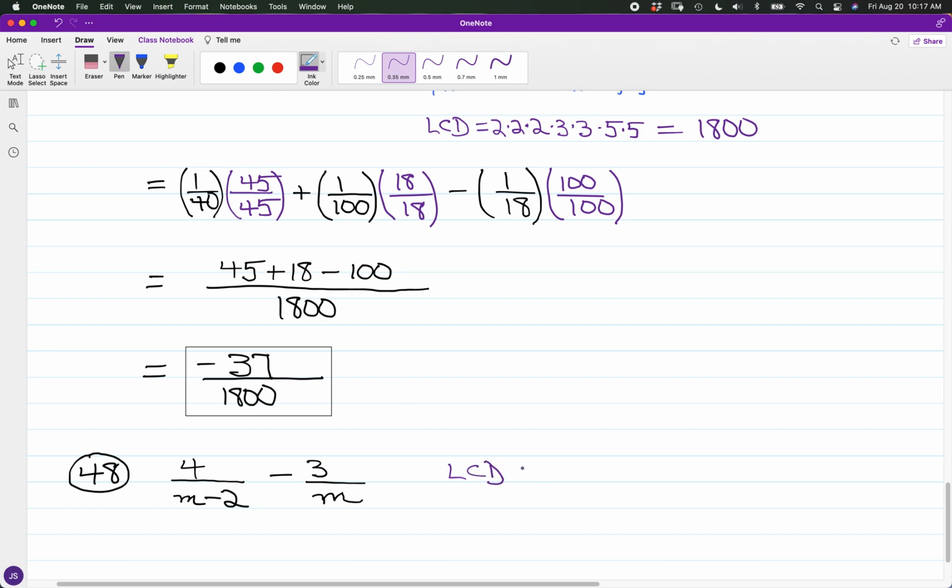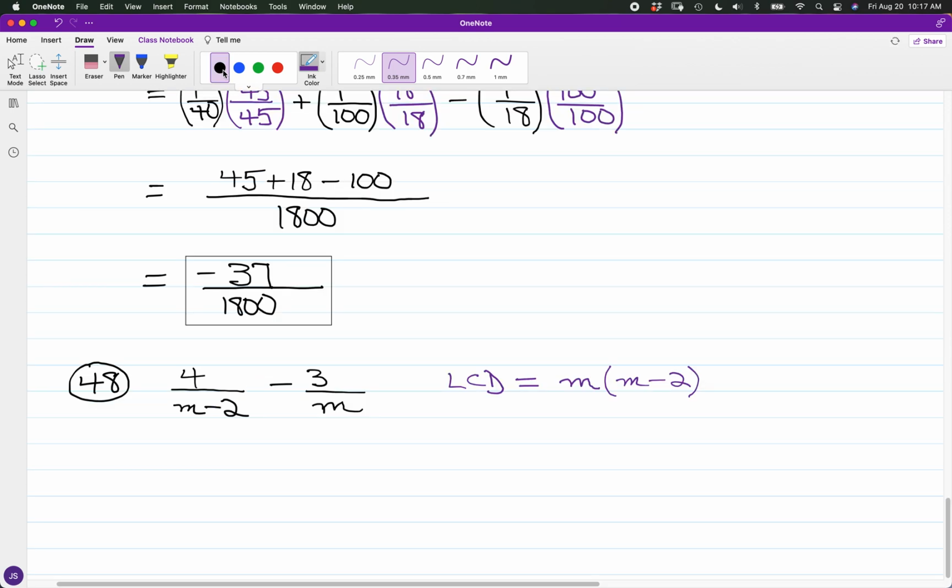One bit of distinction is that we had the least common denominator, which would be the smallest expression that both m and m minus 2 will go into. It would just happen to be the product of these denominators. So you have m times the quantity of m minus 2.